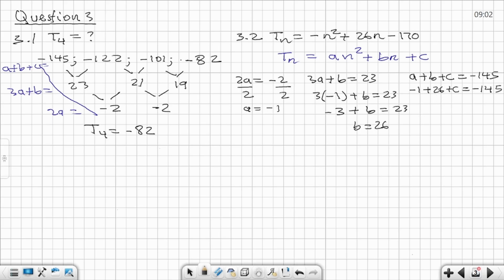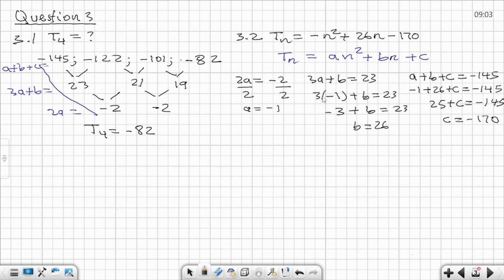So now you have 26 minus 1 is 25, plus c equal to negative 145. Now c is equal to negative 145 minus 25. When 25 moves from left to right, the sign changes, and c is going to be equal to negative 170.